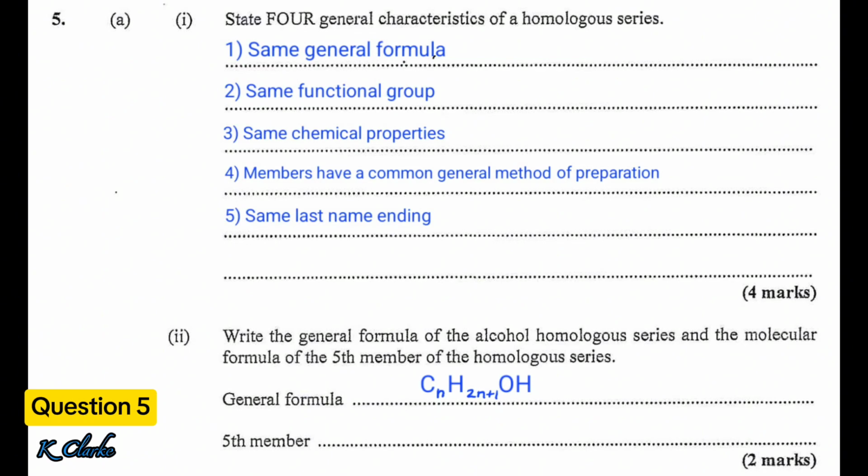Since we are writing the molecular formula of the fifth member, n = 5. The adjusted formula will be C5H(2 multiplied by 5 plus 1)OH. C5H(10 plus 1)OH. The molecular formula will be C5H11OH.